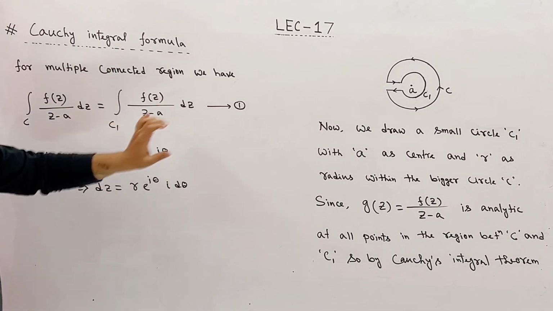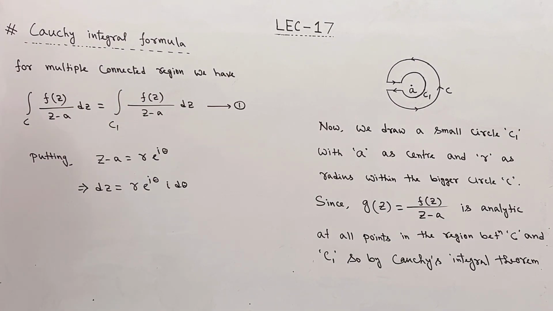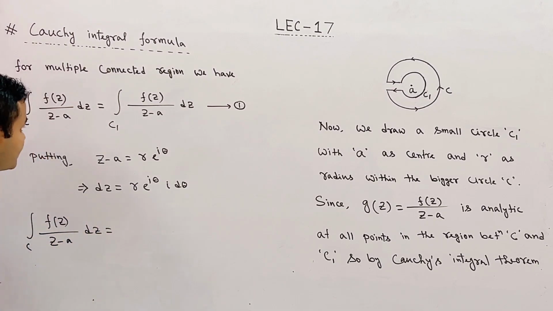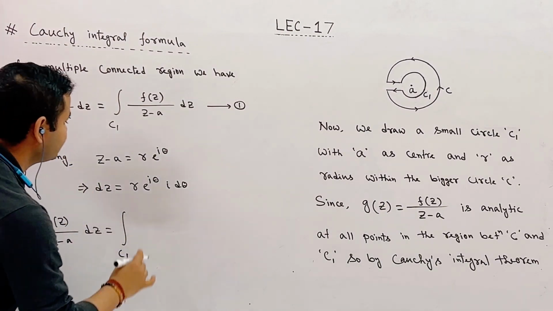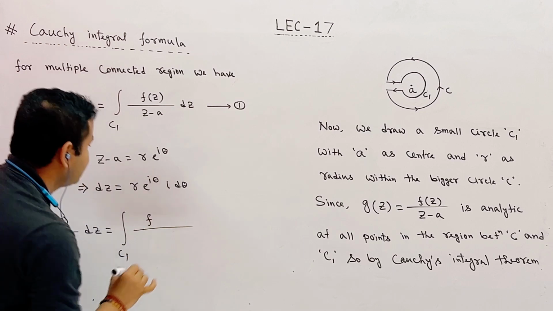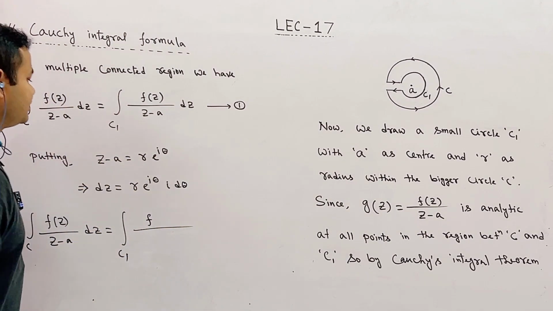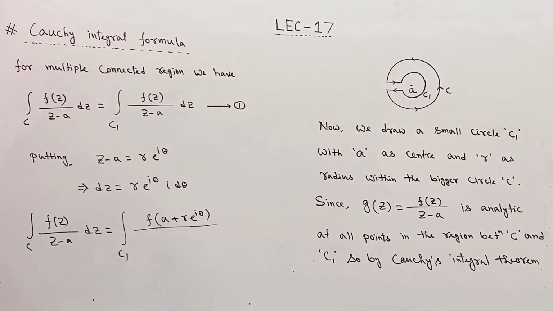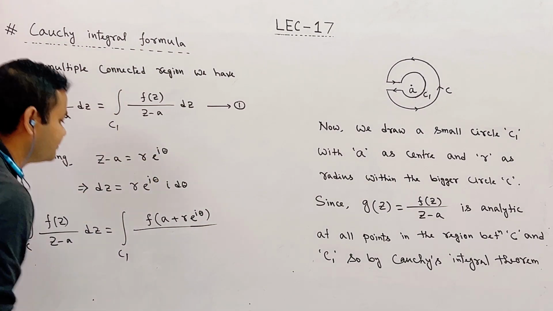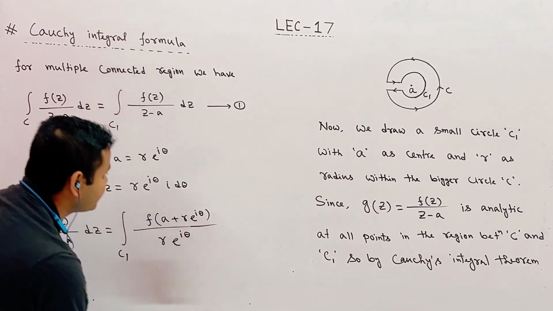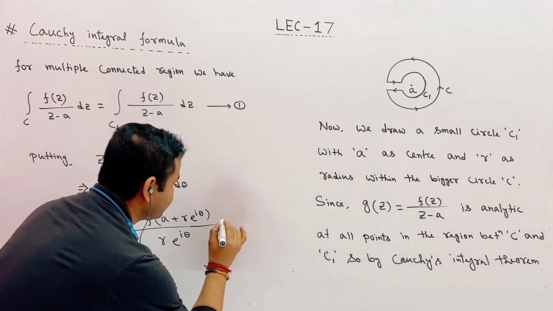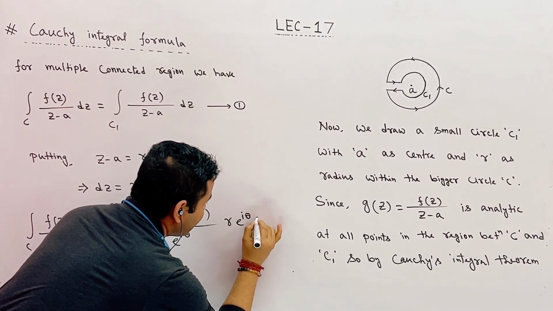Substituting these values in equation number 1, we get integration along closed curve C of f of z divided by z minus a, dz is equal to integration along curve C1 of f of z, where z is equal to a plus r into e to the power iota theta, divided by z minus a, which is equal to r into e to the power iota theta, into dz. dz means r into e to the power iota theta into iota into d theta.